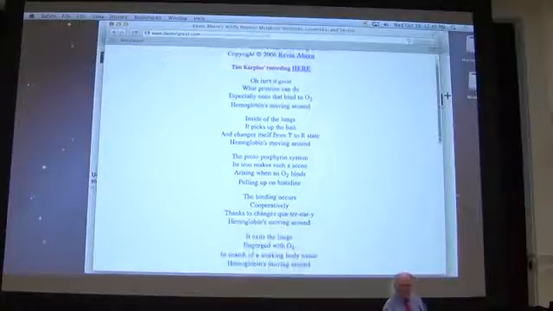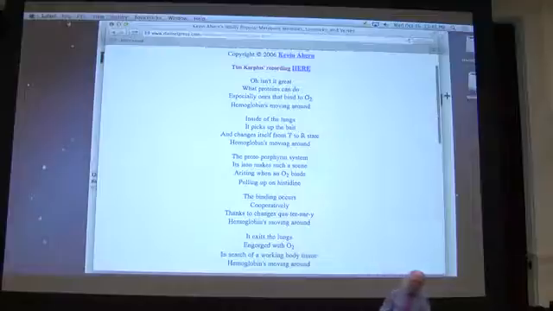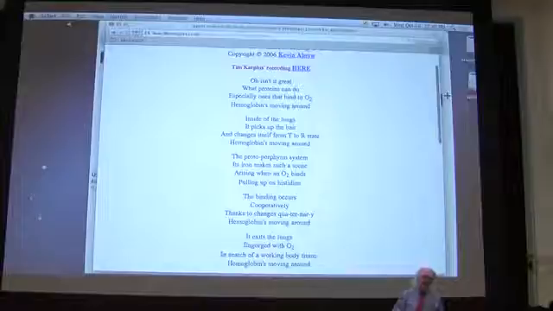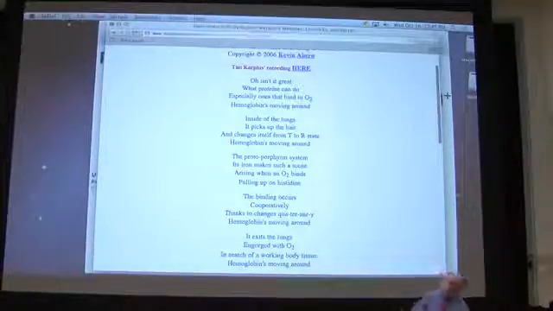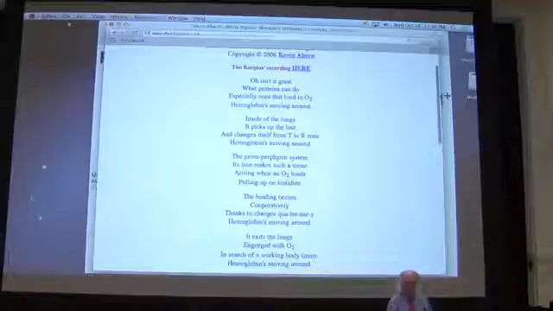Let's go with it. Oh, isn't it great what proteins can do, especially ones that bind to O2. Hemoglobin's moving around. Inside of the lungs, it picks up the bait and changes itself from T to R state. Hemoglobin's moving around.